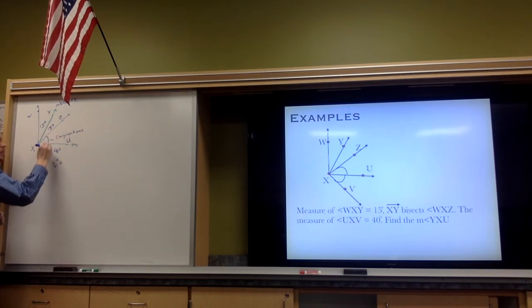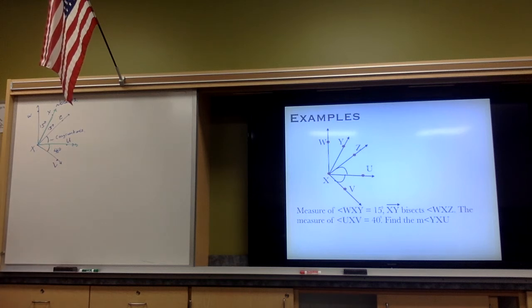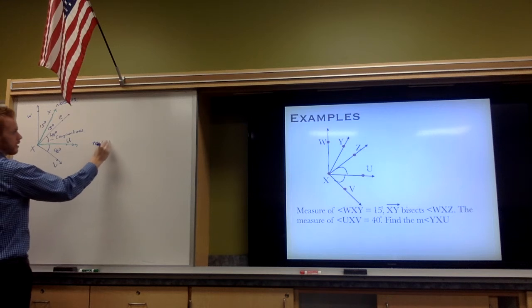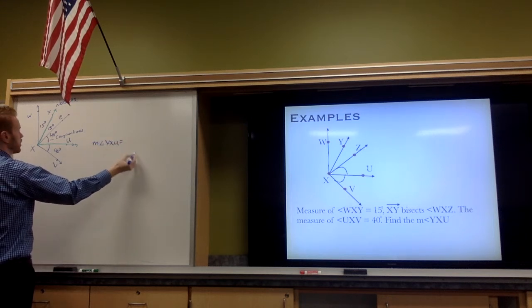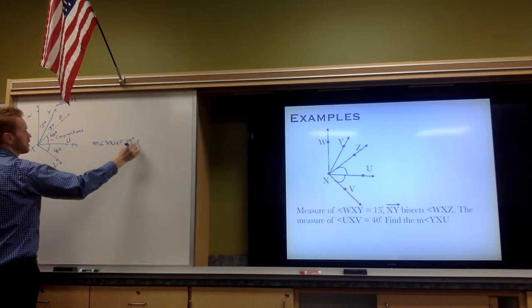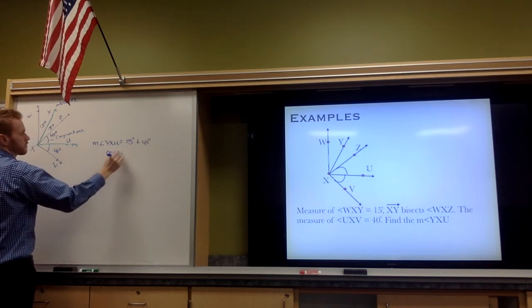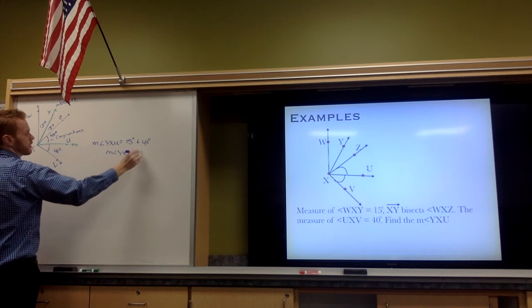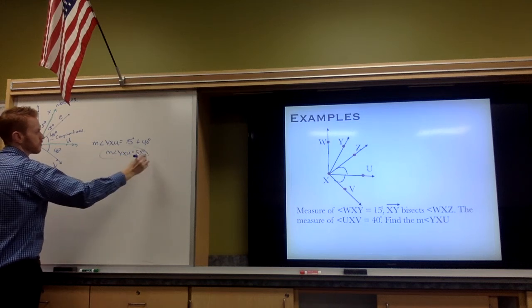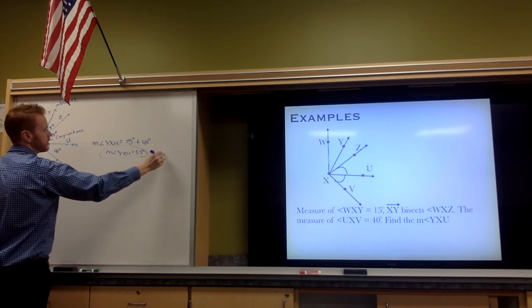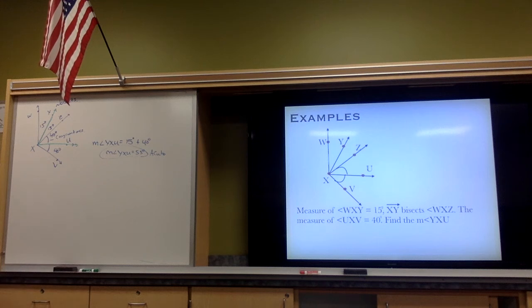So this angle and this angle are the same measurement. So if that's 40, this guy is 40 degrees. So far so good? So that means the measurement of YXU is going to be the 15 degrees plus 40 degrees. So to wrap it up, this will be 55 degrees. So that's what, acute? It's going to be an acute angle for that guy.